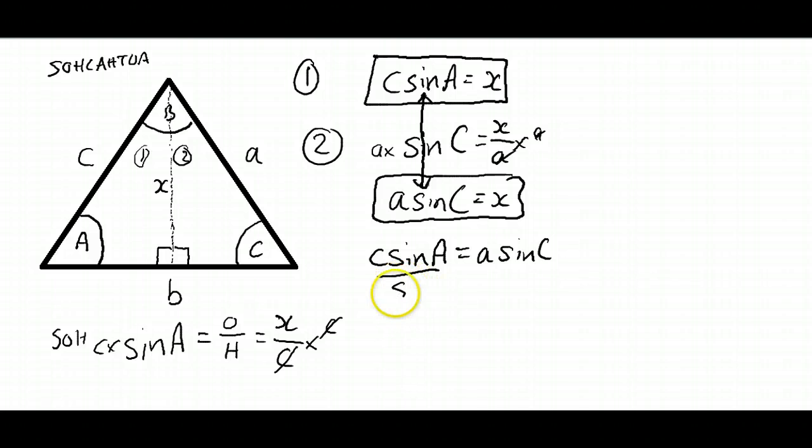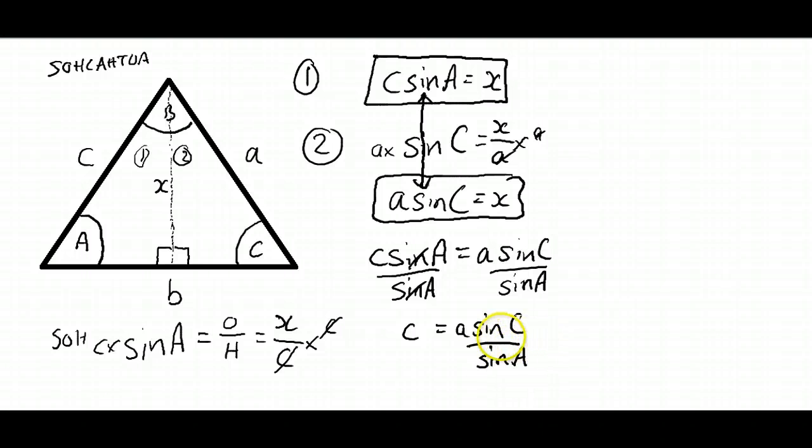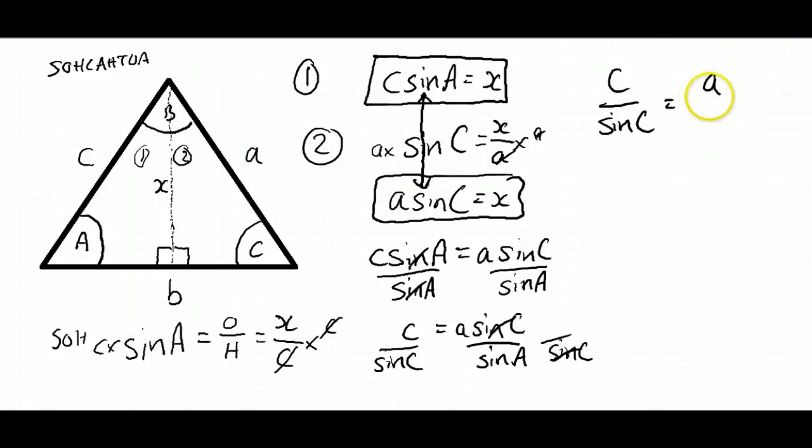If we divide this side by sine A, that cancels out, and we divide this side by sine A, then we'll have C equals A sine C divided by sine A. And then if we divide this side by sine C, which will cancel that out, and divide this side by sine C, then we'll end up with C over sine C equals A over sine A, which, if you recall earlier on, was part of the sine rule. It's two of the three parts of the sine rule.